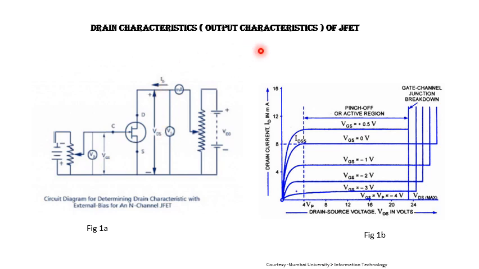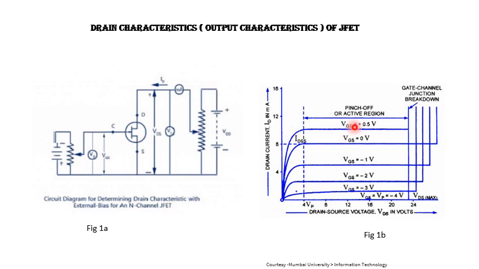The output characteristics are the variation of the drain current with the variation in the drain and source voltage, that is VDS. In figure 1b, the characteristic curves or the output characteristics of JFET are shown, in which along the x-axis we have taken VDS and along the y-axis the variation of drain current is taken.